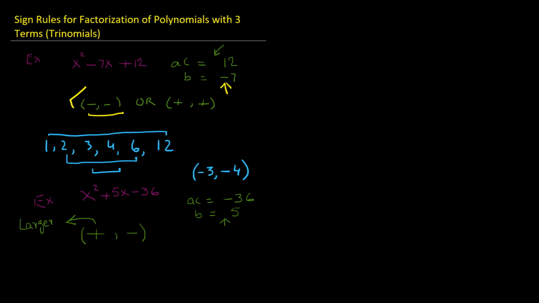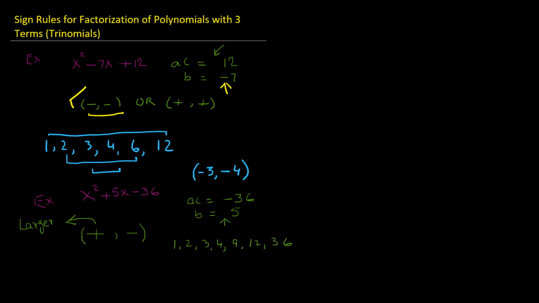Now that we have decided the signs, look for the numbers. The factors of 36 are 1, 2, 3, 4, 9, 12 and 36.